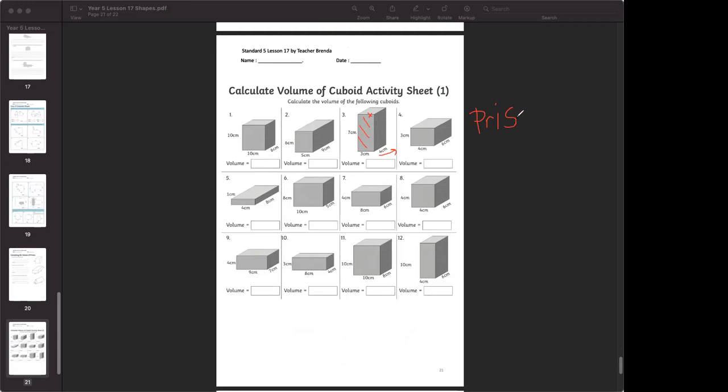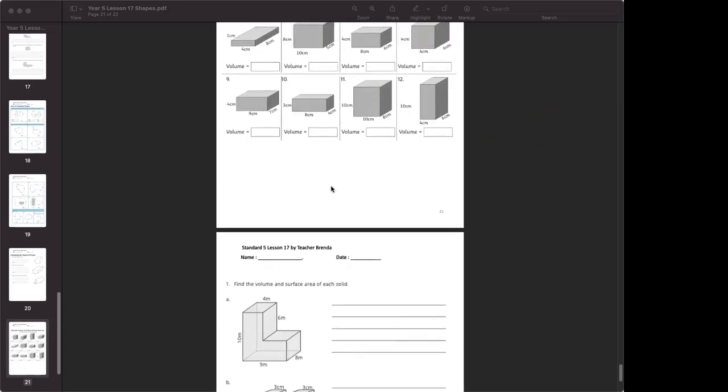Prisms are three-dimensional objects. So what is the third dimension? It's the width. So always you take that area, which is two-dimensional, multiplied by the third dimension and you get the volume. I hope I've repeated this so many times. I hope you understand. That's practice.